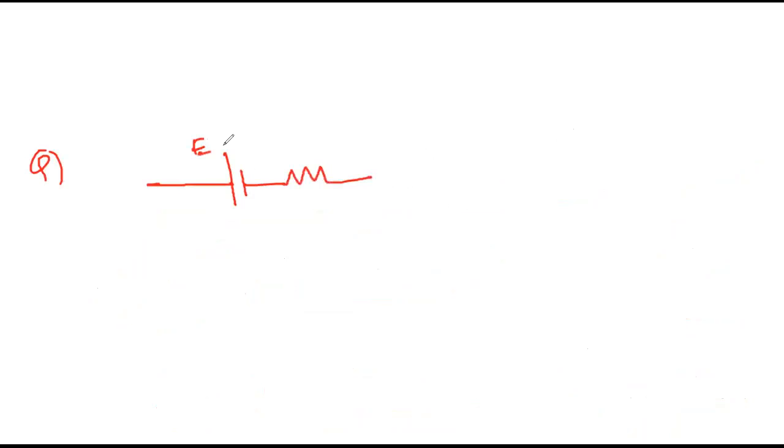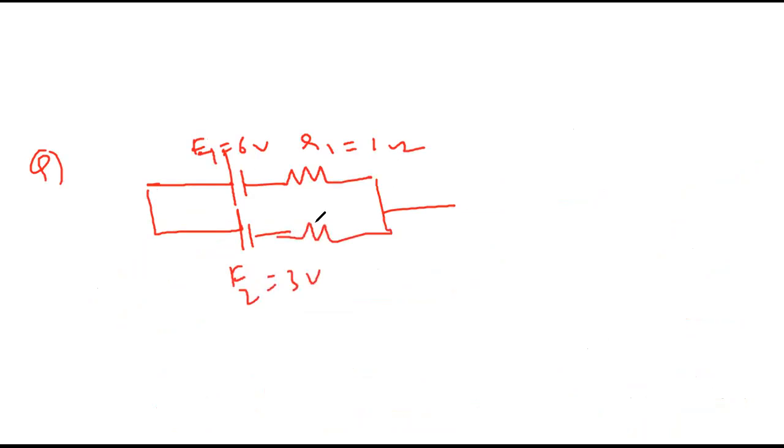E1 equals 6 volt, R1 is 1 ohm, E2 is 3 volt, and R2 is 1 ohm. Find E equivalent and R equivalent.